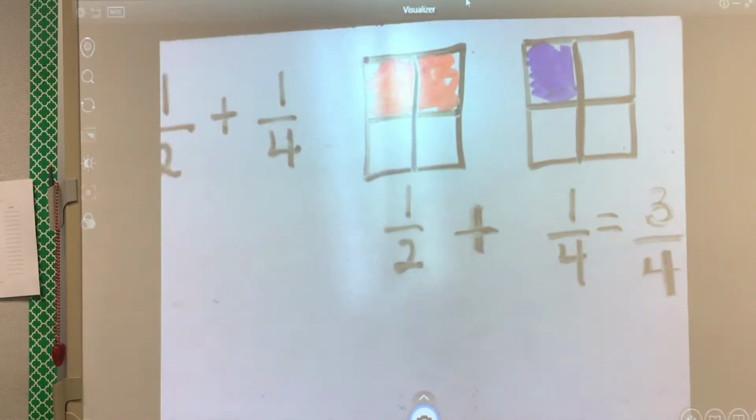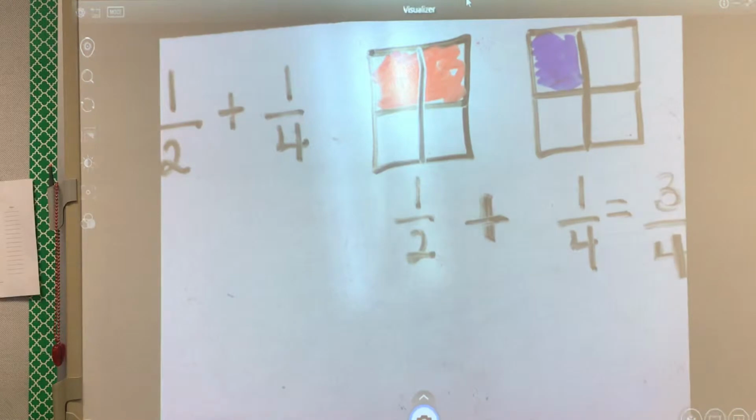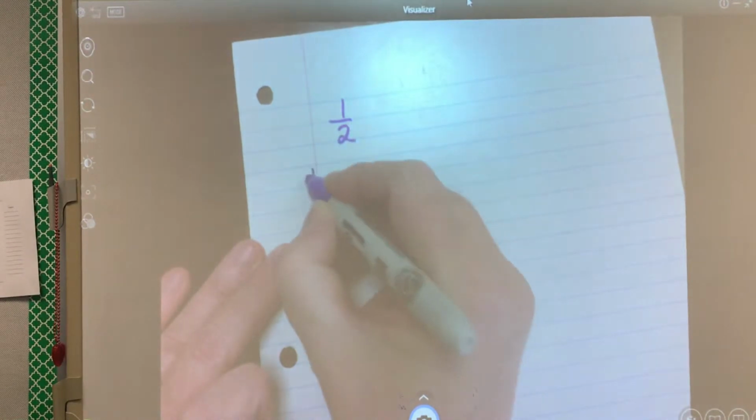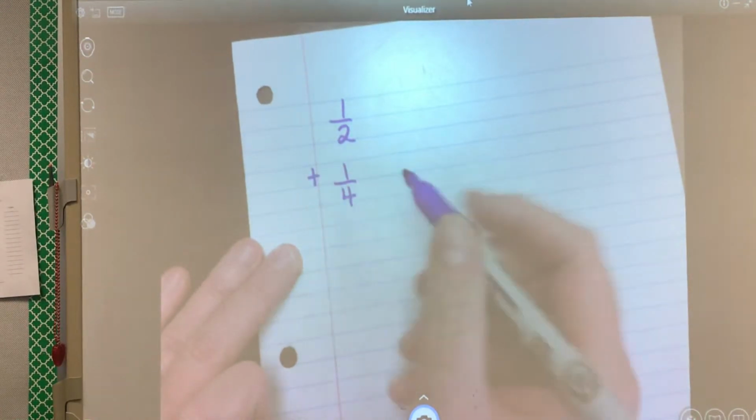Now, remember we also talked about the algorithm, and so I'm going to show you that part next. So I'm going to switch out, and I'm going to use a piece of paper this time. And I'm going to add 1/2, same problem, 1/2 plus 1/4. And I'm going to write it vertically, okay?